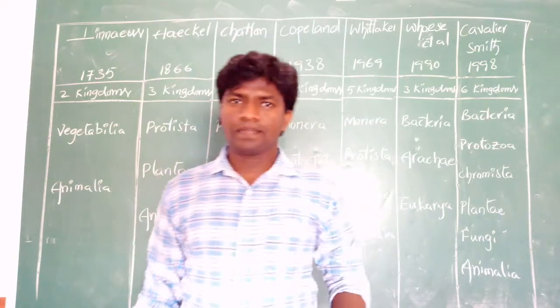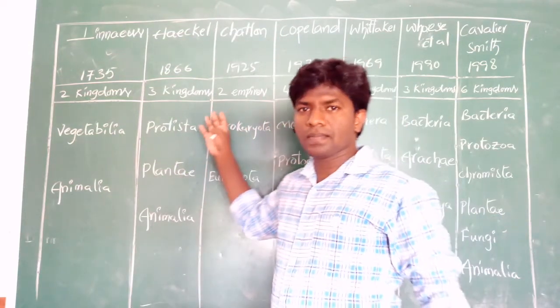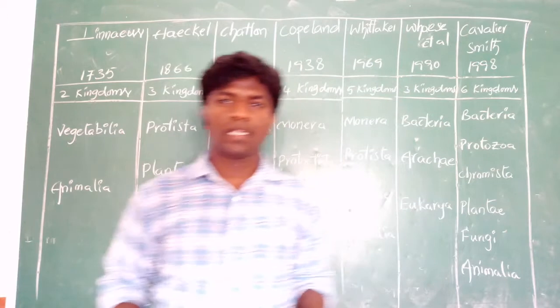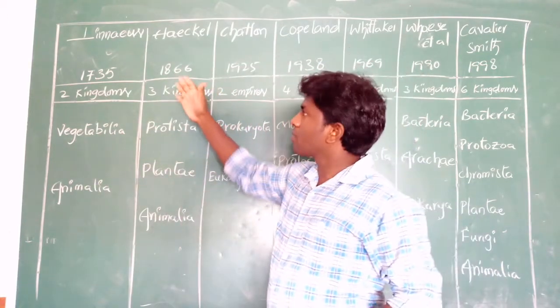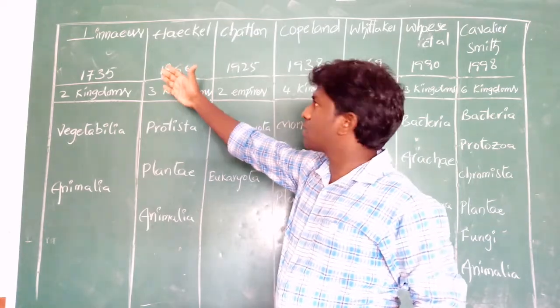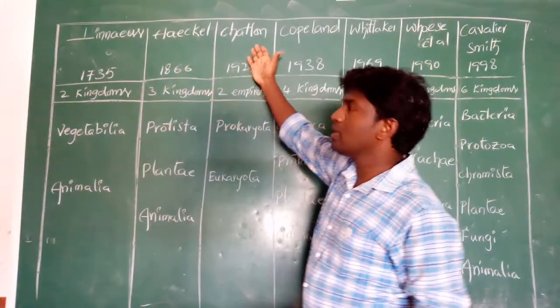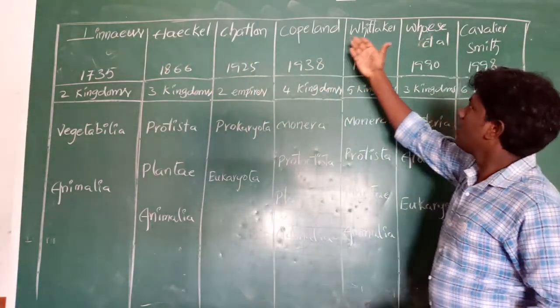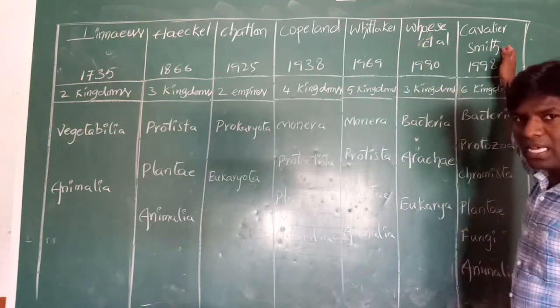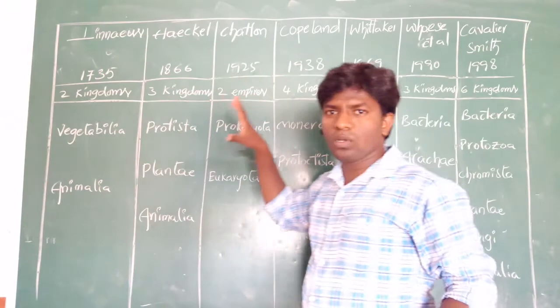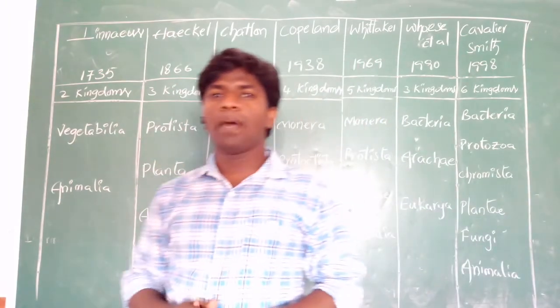Okay students, this is the history of classification. So here Linnaeus, one of the scientists, Haeckel, Chatton, Copeland, Whittaker, Woese et al., Cavalier-Smith. So they are the different biologists.